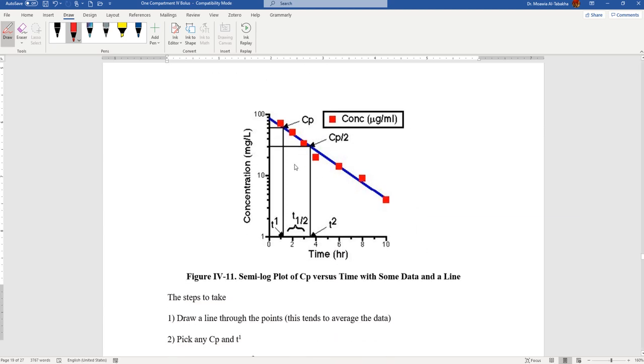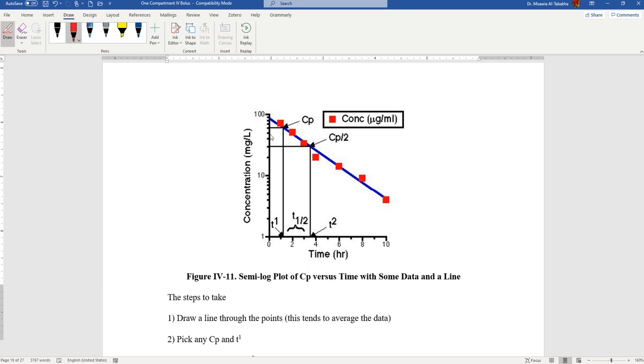Okay, the second way to calculate half-life is to look at the graph. Let's say we are putting the data points as you see here, and then we are drawing the best fitting straight line. Take any concentration initially.